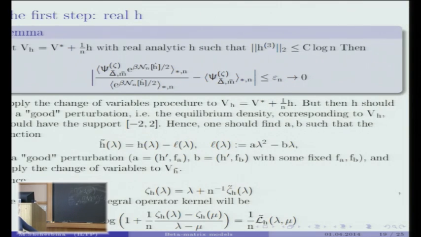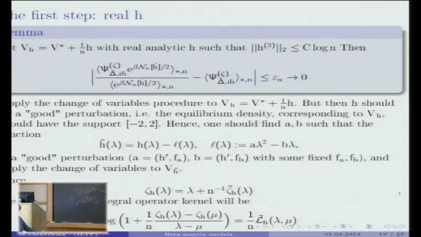And so if you are able to prove that this difference is small, then you can prove universality without any problem. And how to do this? In fact, the same idea. Let us apply this change of variables once more. Now we have potential V star, which is the Gaussian potential, plus small perturbation.